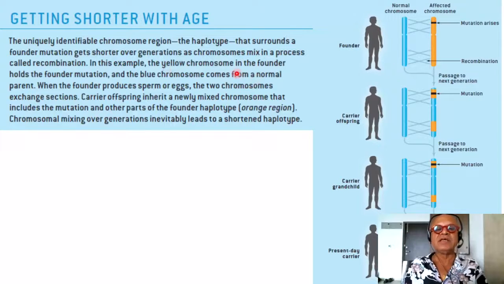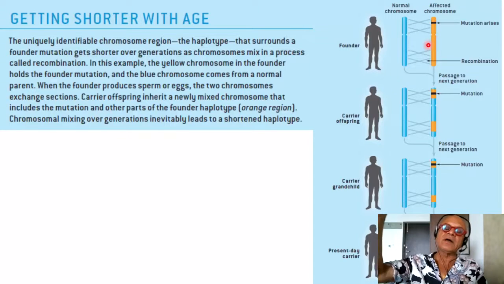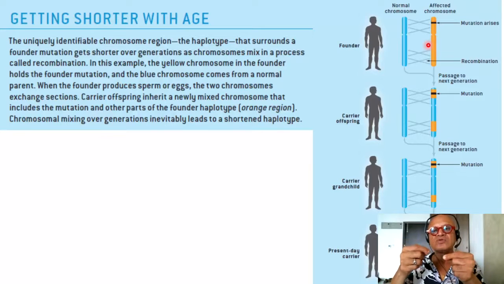In this example, the yellow chromosome in the founder holds the founder mutation, and the blue chromosome comes from a normal parent. So you have one parent carrying the founder mutation who marries another parent who is not carrying this mutation, and they produce a child that is carrying a mix, now by recombination. When the founder produces sperm or eggs, the two chromosomes exchange sections.